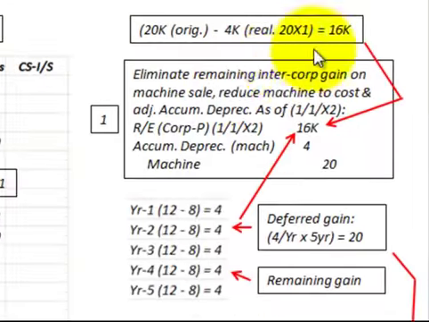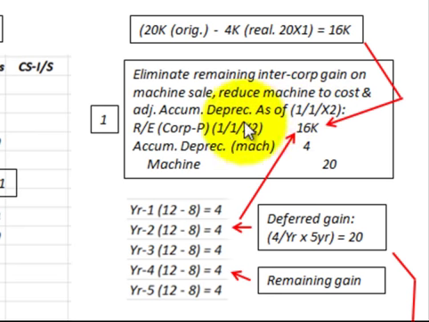Okay, we'll look at the second year and how we'd handle this gain on this machine. So we'd have to eliminate any remaining intercompany gain on the machine sale, and then we'd reduce the machine to its cost and adjust for any accumulated depreciation as of January 1st of the second year.